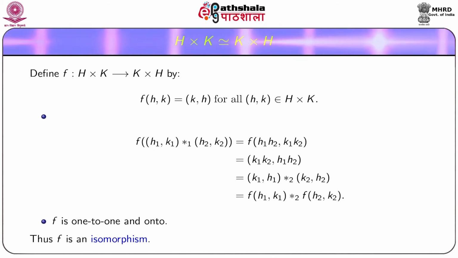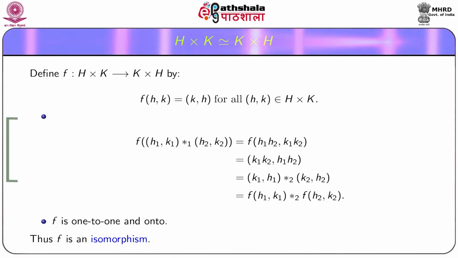Now, to check whether f is a homomorphism, let me first distinguish the operations on H cross K and K cross H. For this problem, let me denote the operation on H cross K by star 1 and the operation on K cross H by star 2.